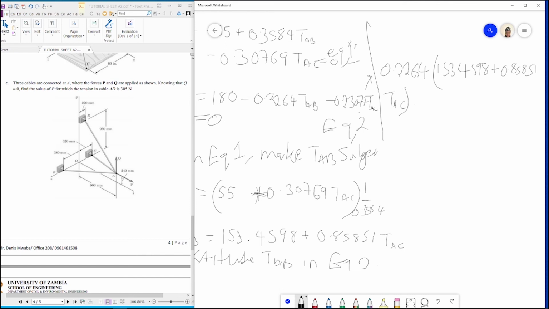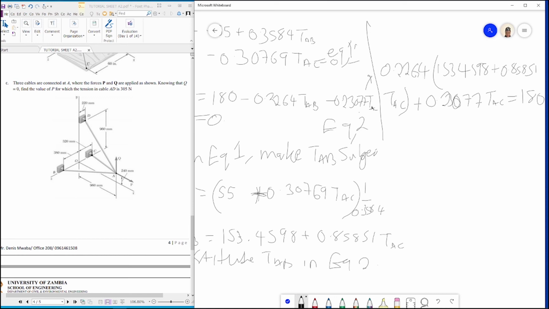Close that, and then plus the 180 has already jumped to the other side. That's why we are seeing this 0.23077 TAC is equal to 180.